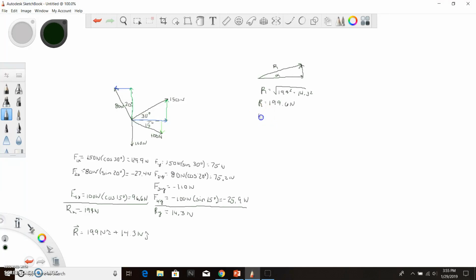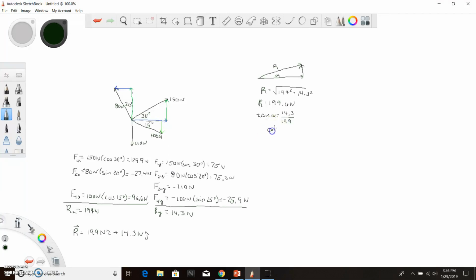Okay, so now to find, oops, I put theta. I called it alpha, didn't I? So if I wanted to list this as a magnitude and direction, tangent alpha is going to be 14.3, opposite over adjacent, divided by 199.